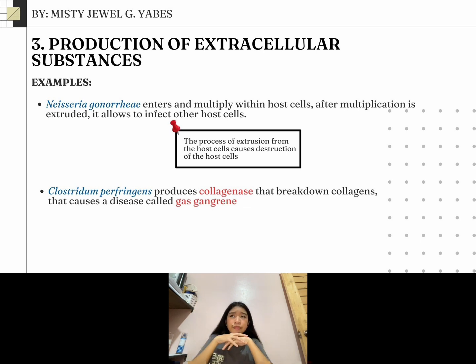Ito kasi, ang process of extrusion from the host cells causes the destruction of the host cell mismo. Gets ba? Or ulitin ko. Okay.